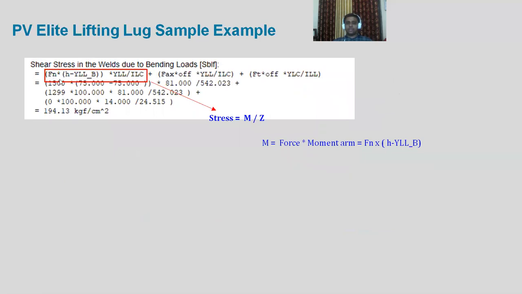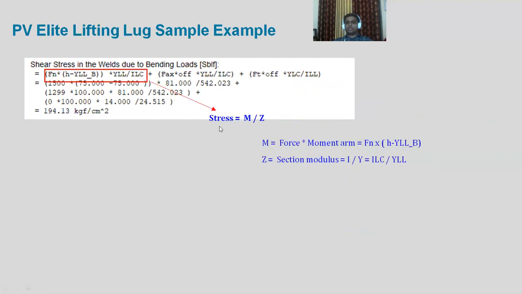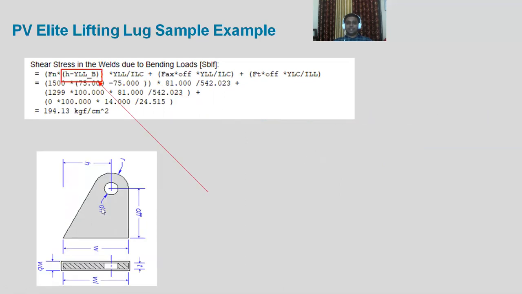The reason being, let's understand first. Stress is what? M upon Z. What is the M? Bending moment. Now let's understand how the bending moment will be generated because of normal force. If your normal force is not exactly at the center, there will be some eccentric distance between the center of that vessel and the center of that lifting lug, and that eccentric distance can create the bending moment.